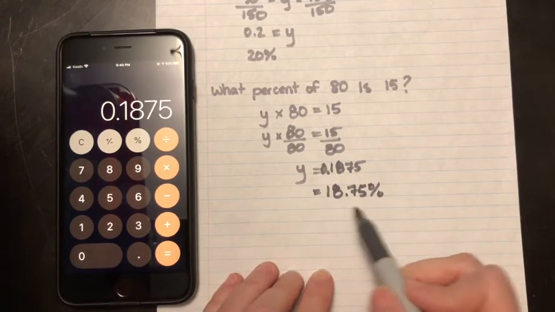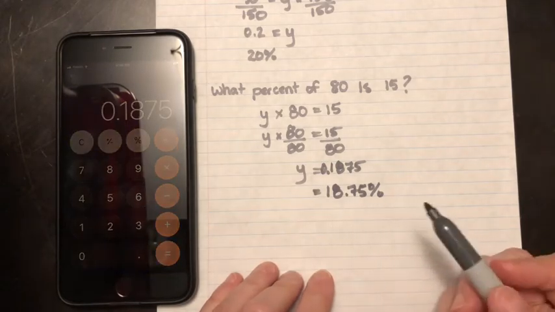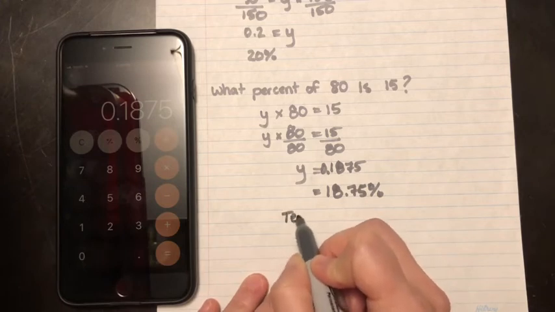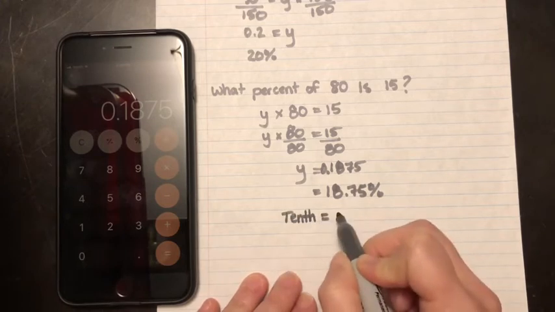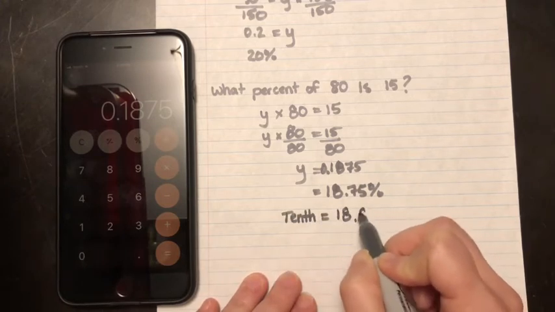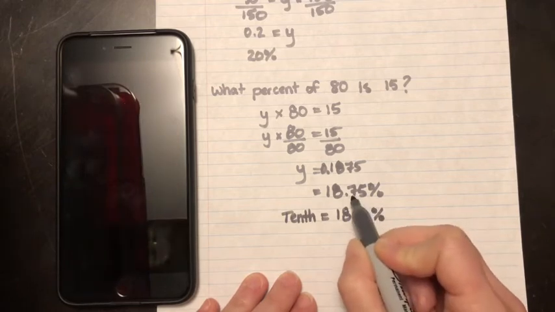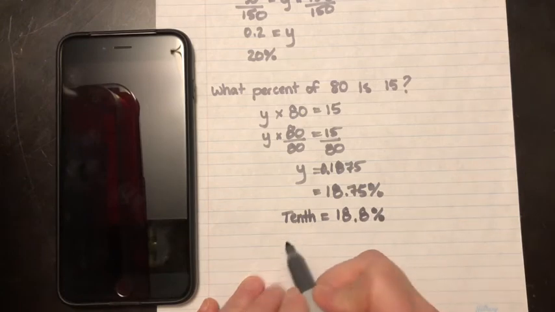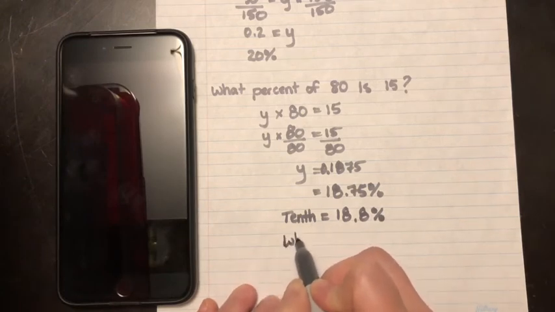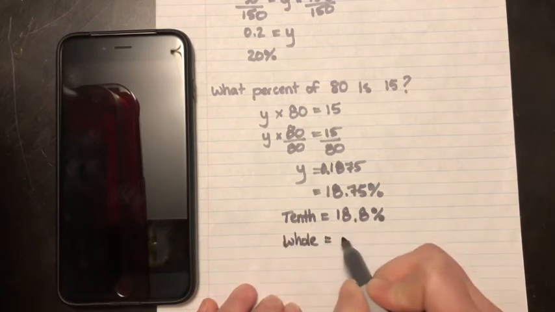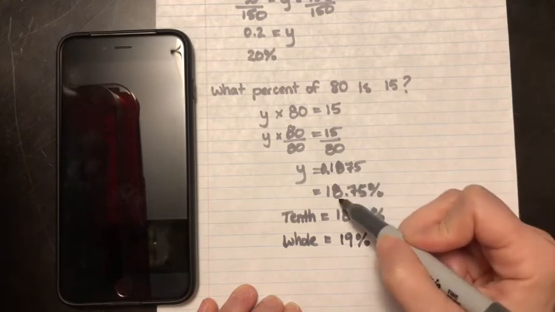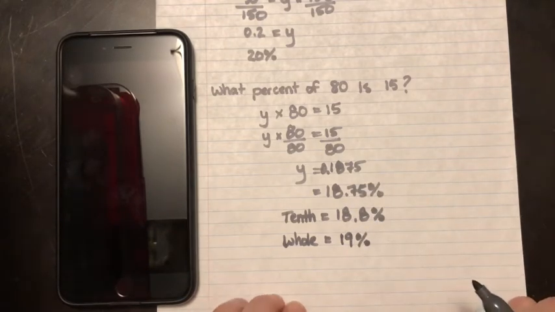And they'll tell you to round to the nearest tenth or to the nearest whole number. If I'm rounding this one to the nearest tenth, then this would be 18.8%, right? Because the tenth is this column and the 5 is big, so the 7 rounds up to an 8. If I say round to the nearest whole, then it's going to be 19%, because the 7 in this case is big, and so the 18 bumps up to the 19.